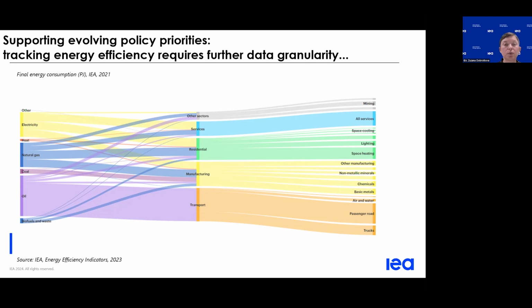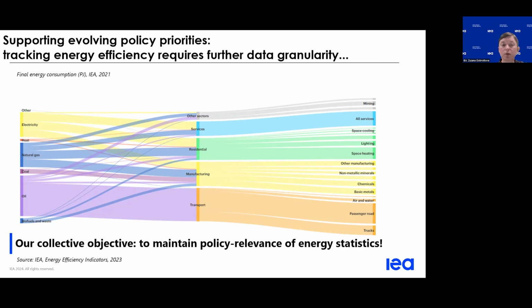So we would, for example, want to know for residential use how much of energy or how much of electricity in the residential sector goes to lighting, how much goes to space heating, how much goes to appliances, etc. So that becomes a little bit more complicated, and oftentimes this requires actually surveys done on the ground to come up with these detailed statistics.